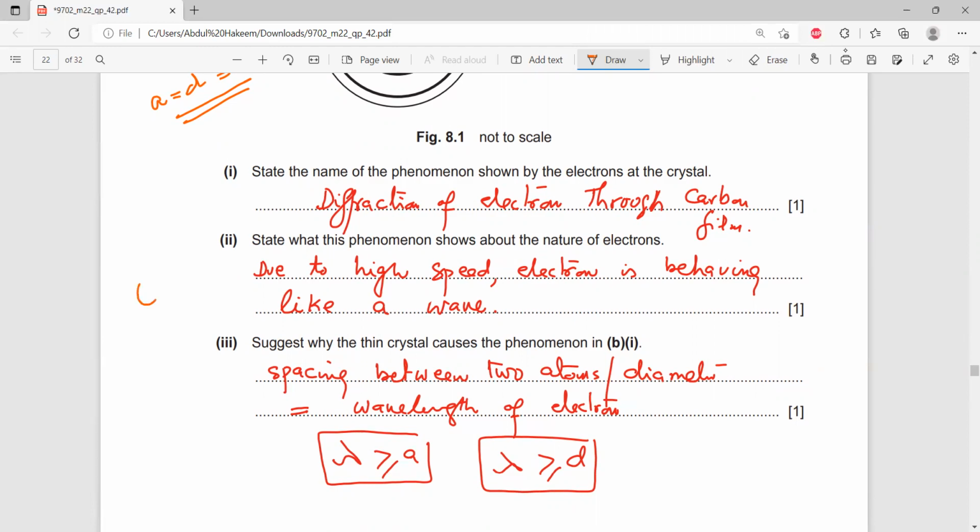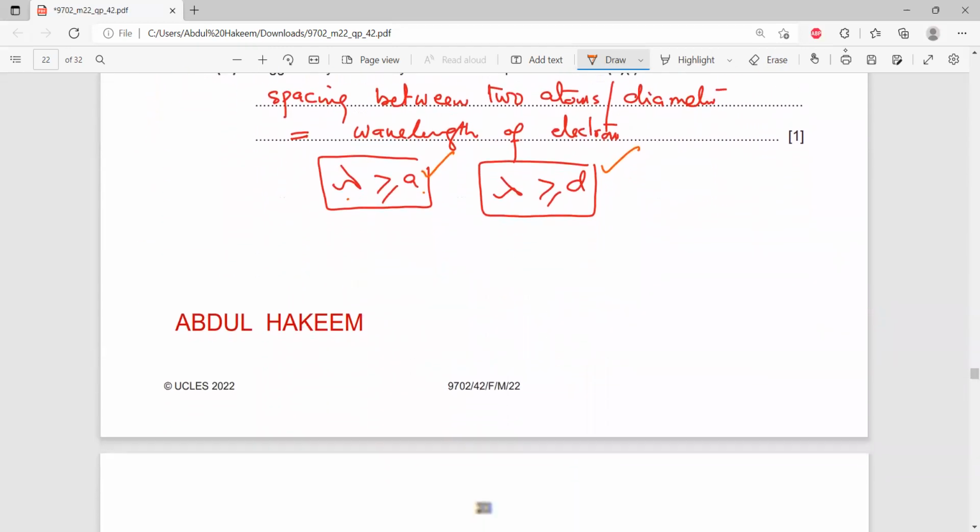Look, the spacing is this, from center to center. So this is diameter. So the slit separation or spacing between the two atoms is approximately equal to the lambda. That's why there is an observable diffraction on the screen. So lambda is either greater than a or equal to a, and a means the d is spacing. It's up to you, either use the a or use the d for the spacing.